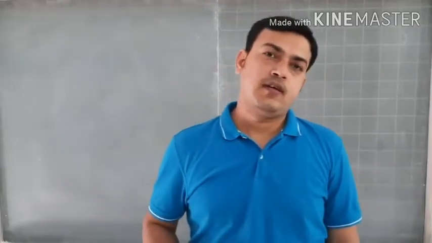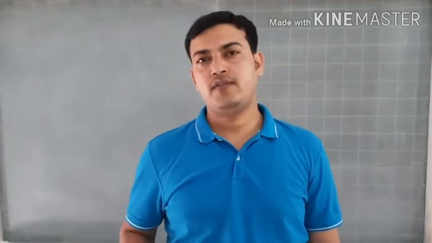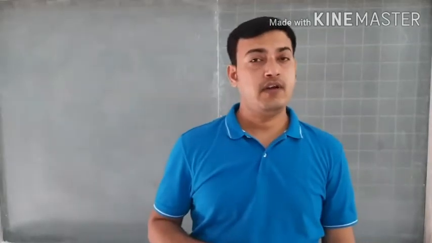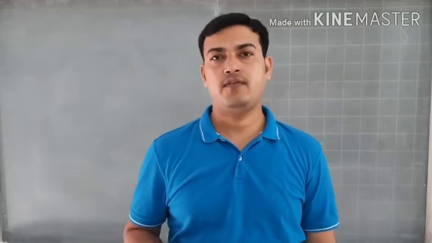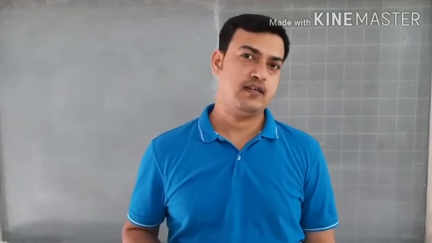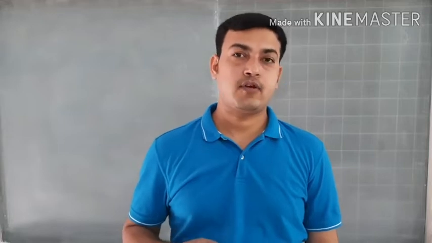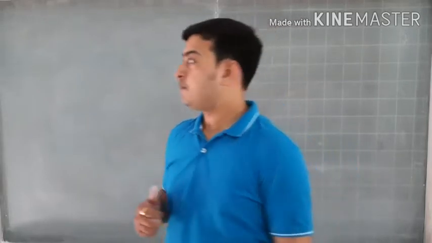Now, before discussing the working of the Van de Graaff generator, we will discuss the concept by which the functioning of the Van de Graaff generator takes place, and the process is quite simple.